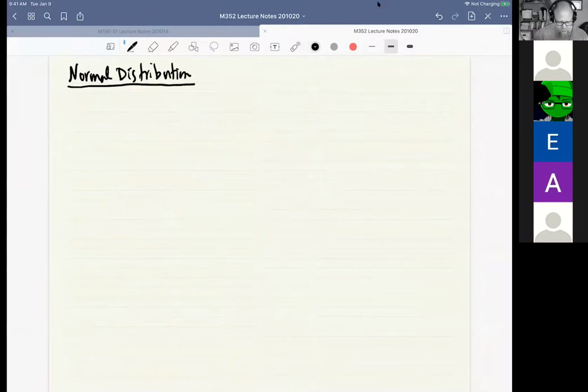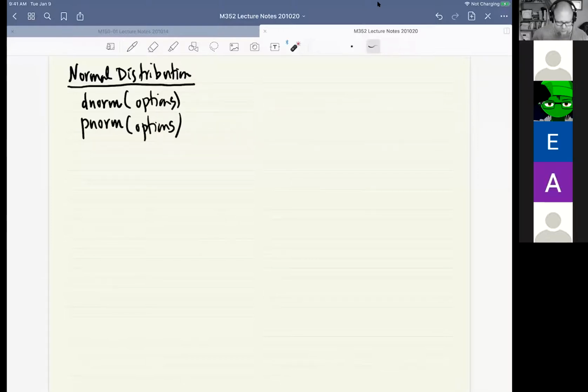Okay, our commands are going to be this. dnorm and pnorm. dnorm is going to be for the PDF, and pnorm is going to be for the CDF.